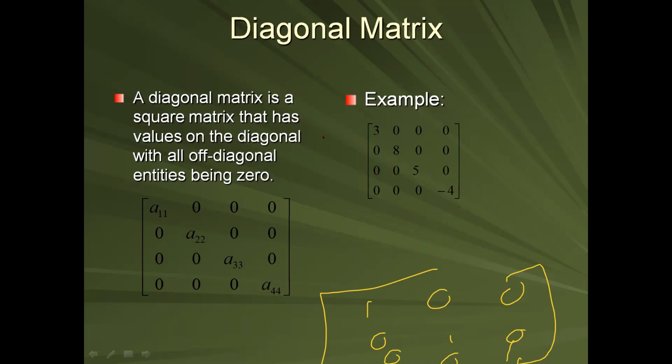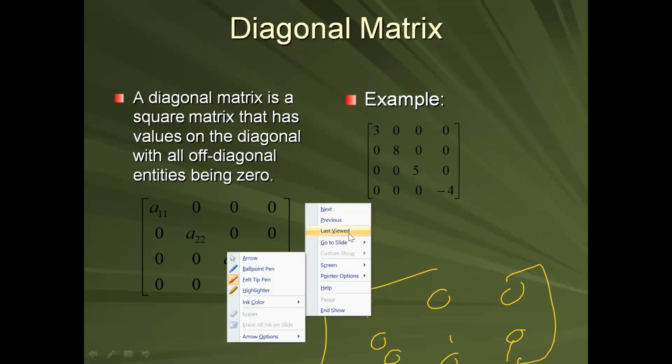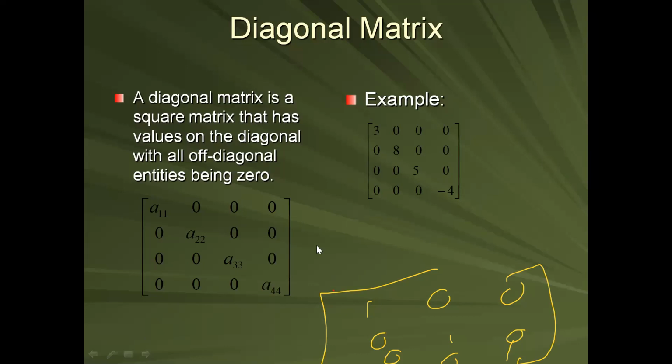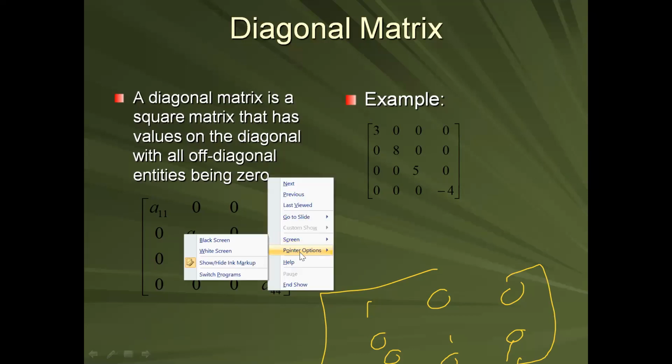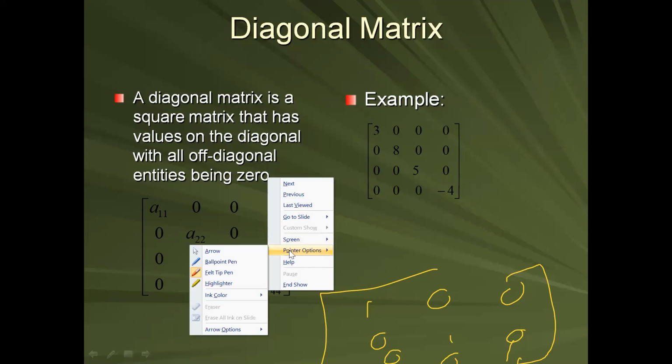Now, one of you will give me an example of a 2 by 2 diagonal matrix. Who will give? Yes, please go ahead. Ma'am, I can't write.